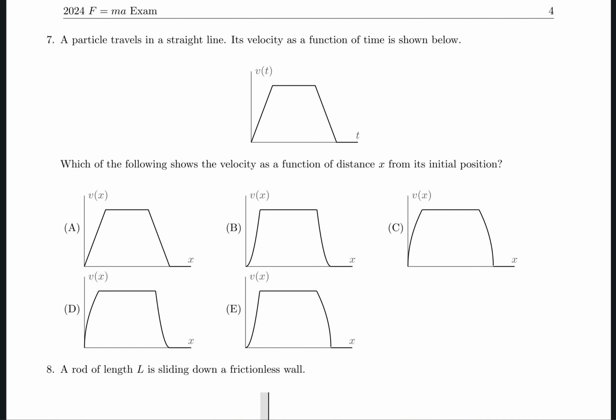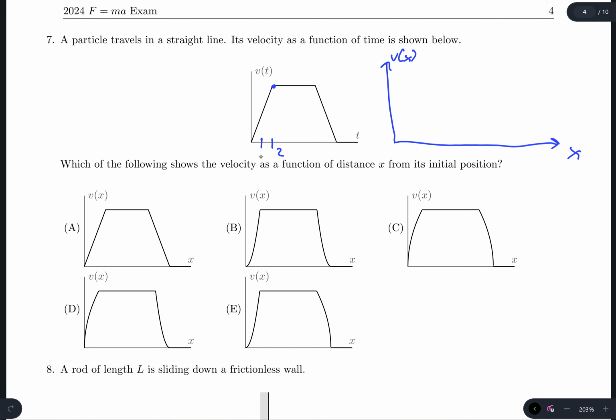A particle travels in a straight line. Okay. So let's draw v of x as a function of x ourselves. Let's say this is 2, this is 1, just so we can imagine it better.